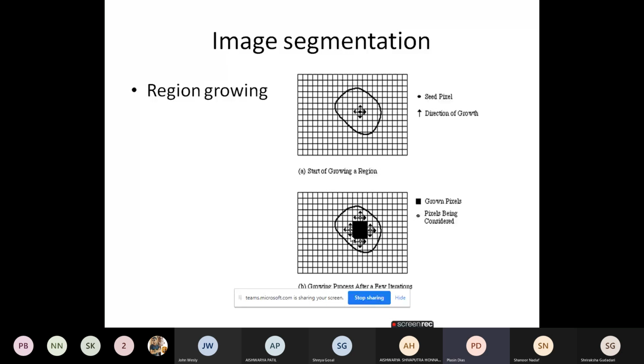Which one to choose is the biggest problem in selecting similarity criteria. So some other considerations also have to be taken up. The selection of similarity criteria depends not only on the problem under consideration, but also on the type of image data available.